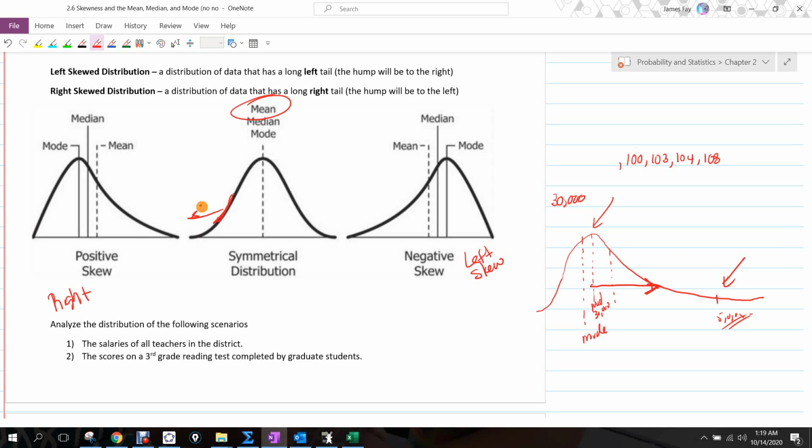If our data is skewed in either direction, then the answer is the median is the best measure of center, because the mean is less resilient. The median is not affected by outliers, because it's not based on quantity, it's based on position.